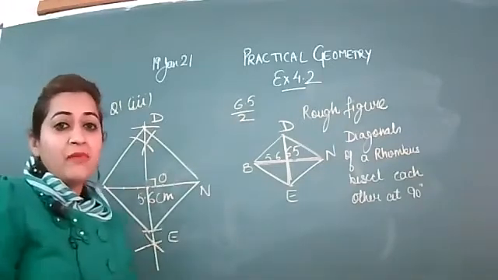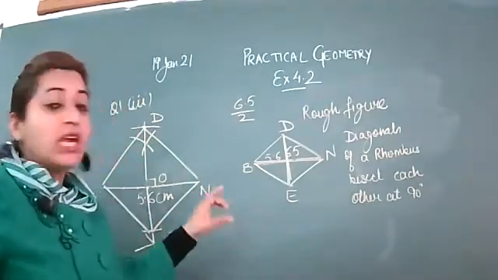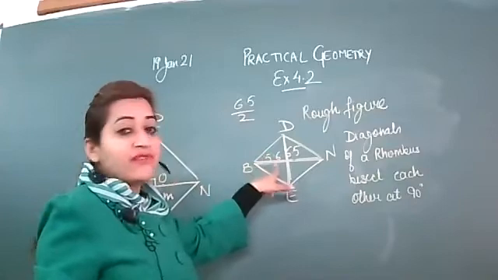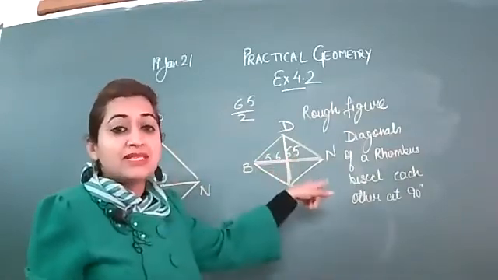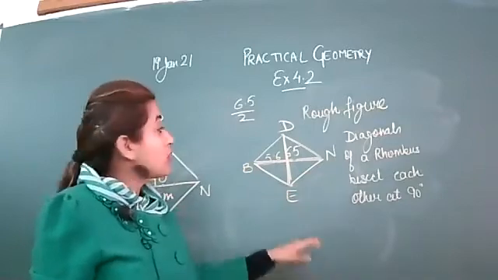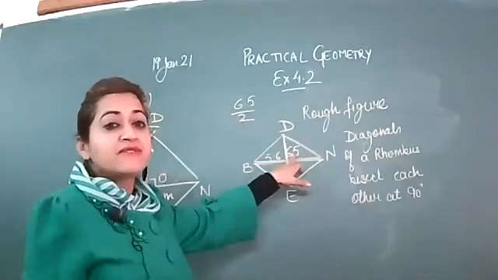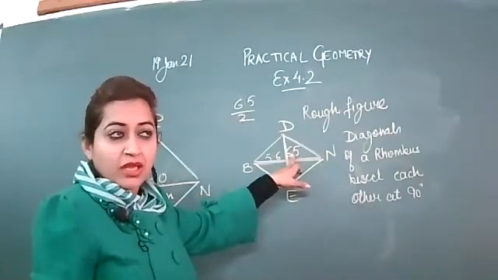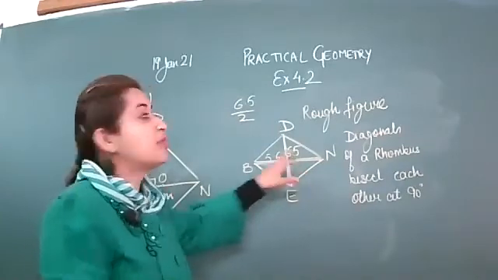One more thing, beta. If I look at this in the beginning very carefully, instead of taking 5.6 in the base, if you take 6.5 in the base, then it will be much better because this is your odd number and if you divide this, it will give you 3.25. 3.25 means it will lie between 3.2 and 3.3.